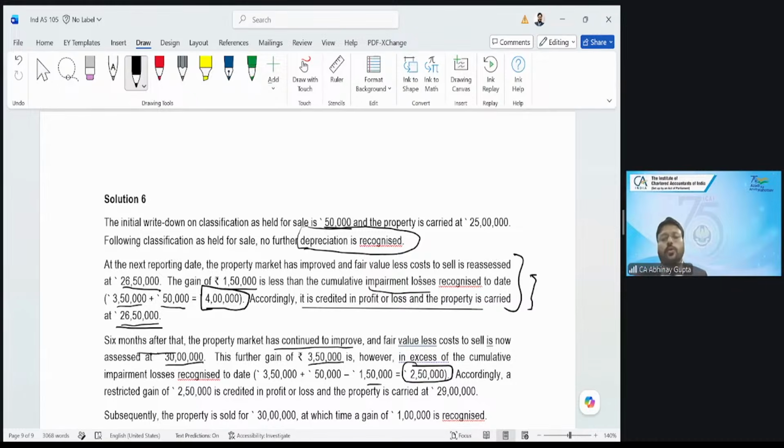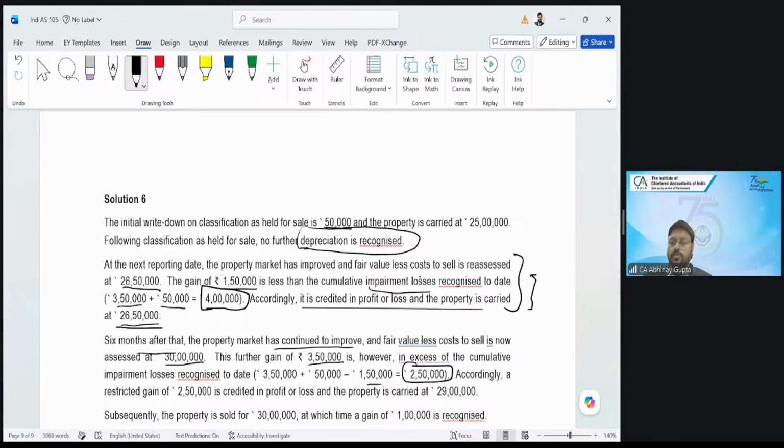But we cannot go beyond the 2 lakh 50,000, right? So the current reversal is coming up for how much? 3 lakh 50,000. But we cannot record the 3 lakh 50,000. We can go up to 2 lakh 50,000 only. So hence the revised carrying amount would be 29 lakhs rather than 30 lakhs.